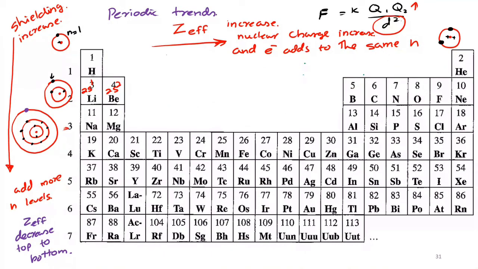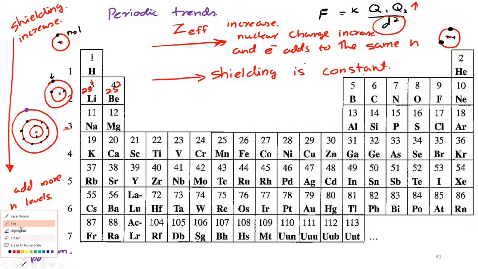No, there isn't much change. So going from left to right, shielding stays pretty much constant. Why does that happen? You don't add more levels. Going in the same period, you are not adding more energy levels. Instead, you're adding electrons to the same energy level.